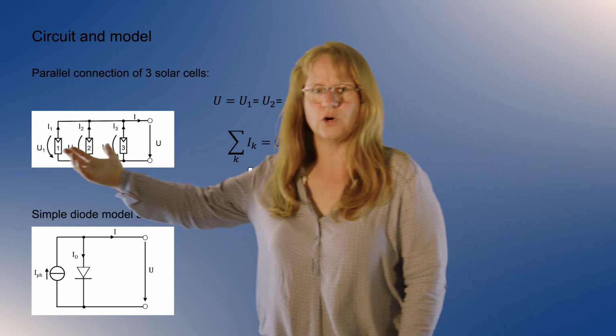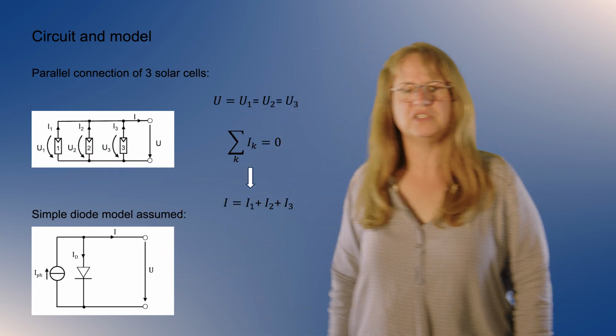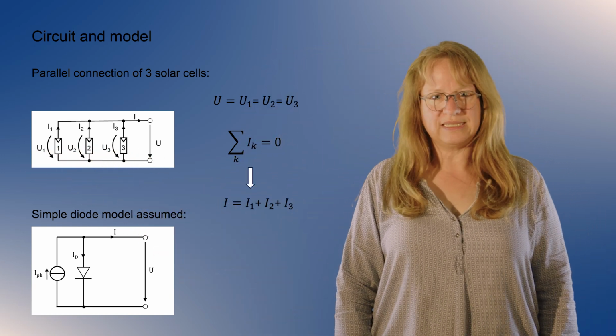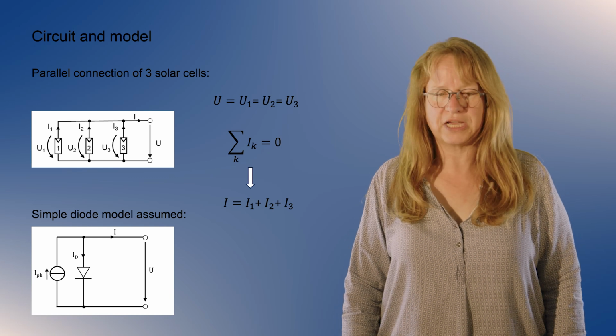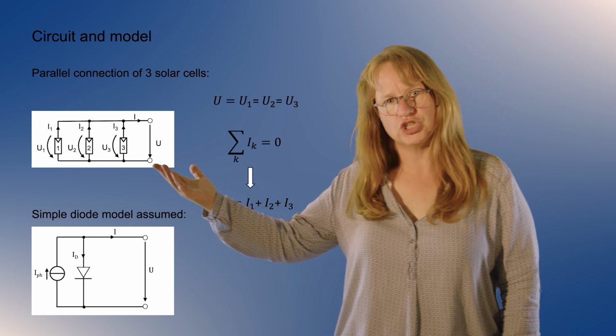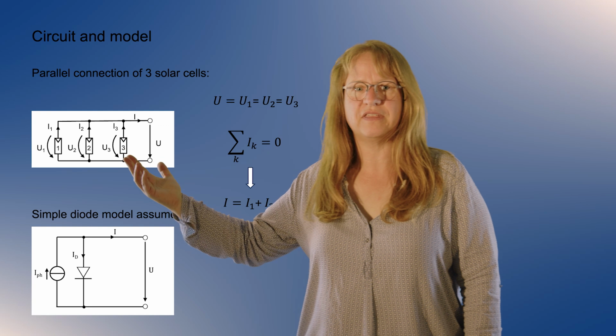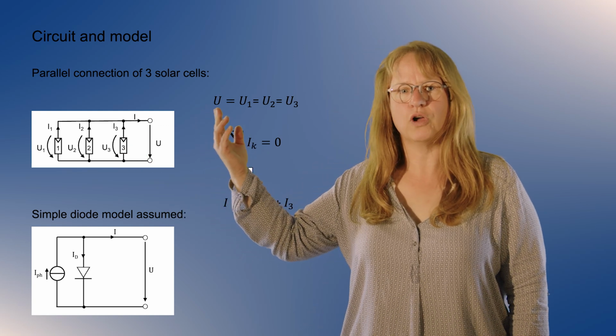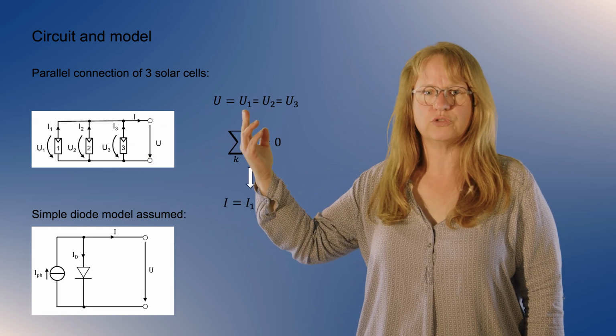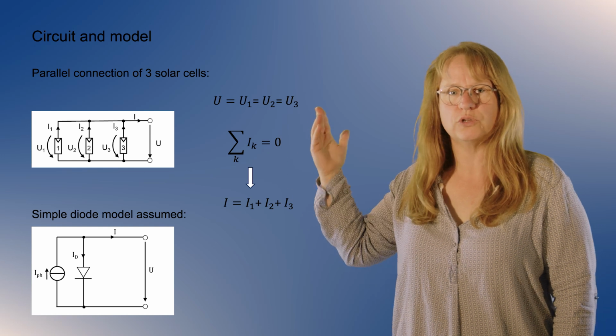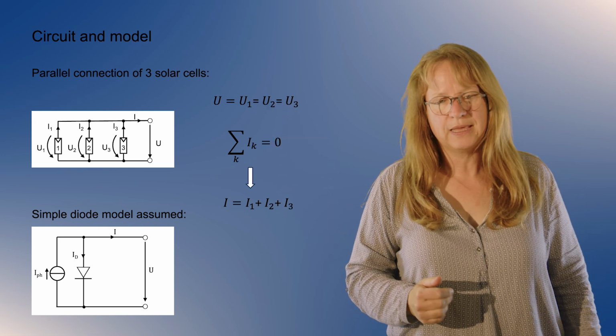So we have three solar cells here, shown by these symbols, and these three solar cells are in a parallel connection. If we have a parallel connection, all the three solar cells have the identical voltage, that is, the voltage over solar cell 1 is equal to the voltage over solar cell 2 is equal to the voltage over solar cell 3.